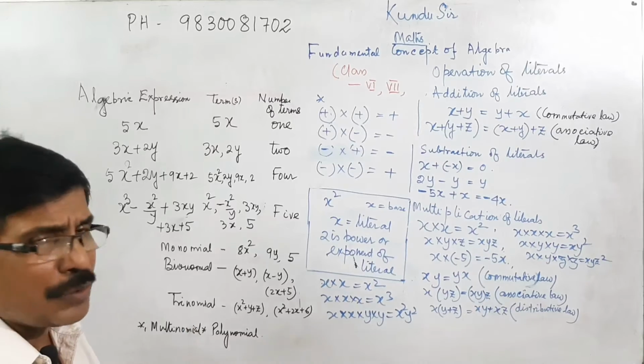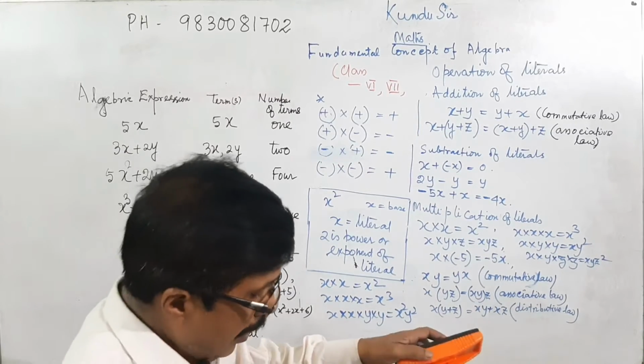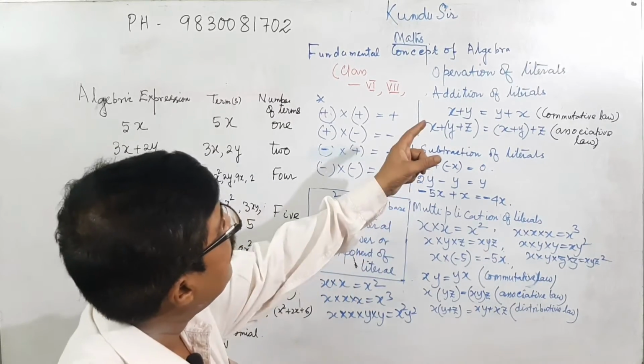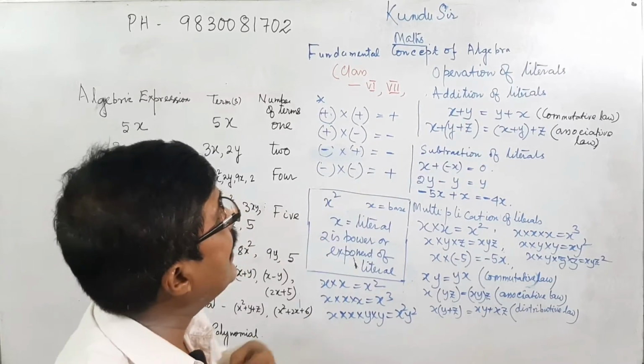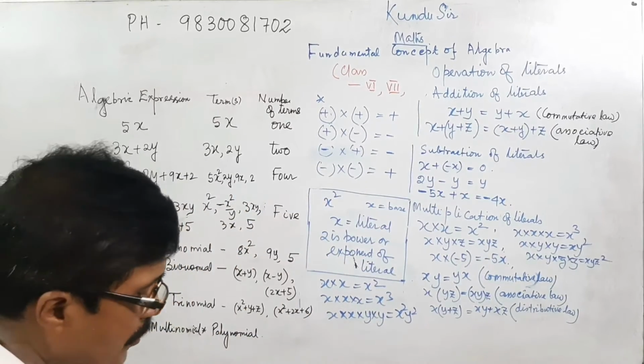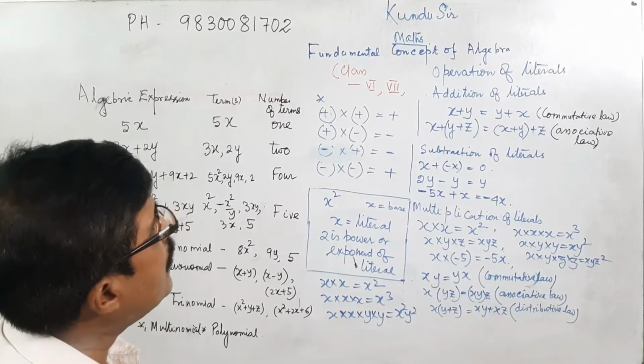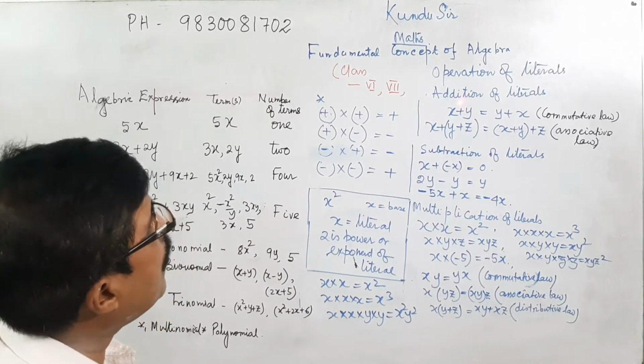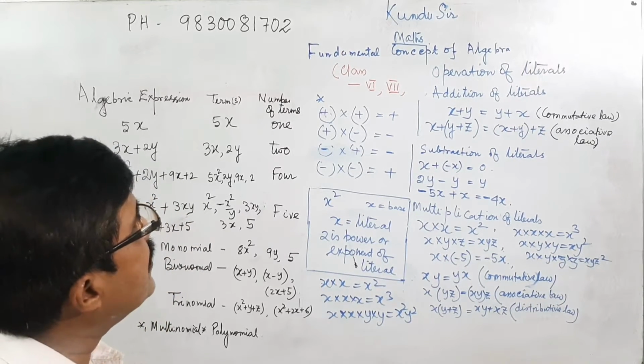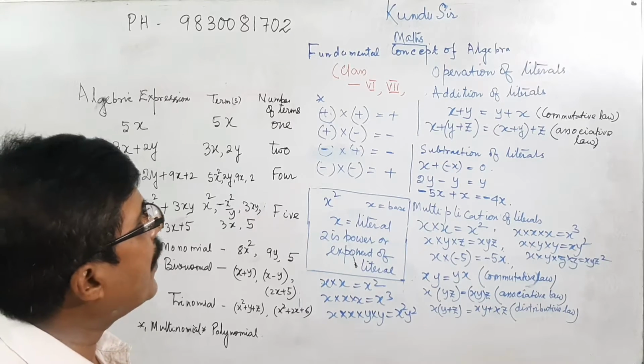We know there are two types of terms. I have written there operation literals. On the concept of algebra, I have used the term literals. There are two types of terms.